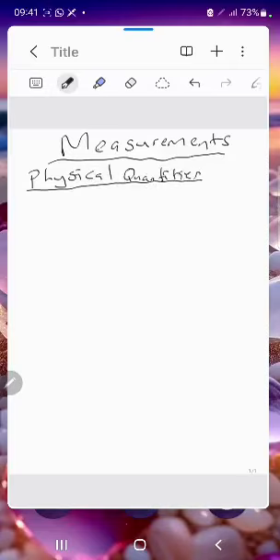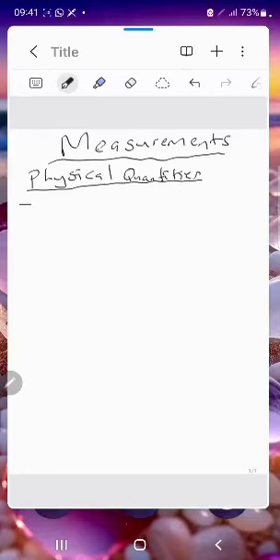Okay. So when you are saying a physical quantity, it is a property of an object or substance that can be measured using an appropriate measuring instrument.